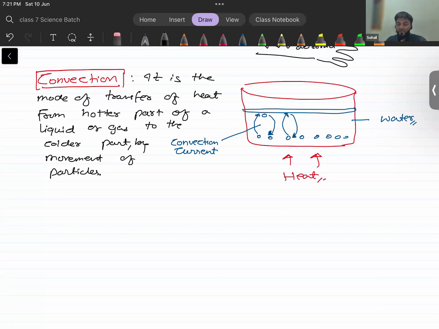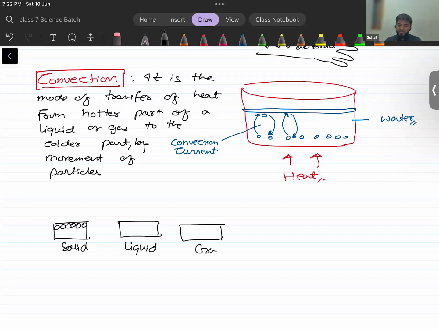And by this method, that is by convection, the transfer of heat can take place only in liquids and gases, because the particles in liquids and gases can move about freely somewhat. The arrangement of particles in a solid is very compact, while the particles in a liquid and a gas are somewhat able to move freely.